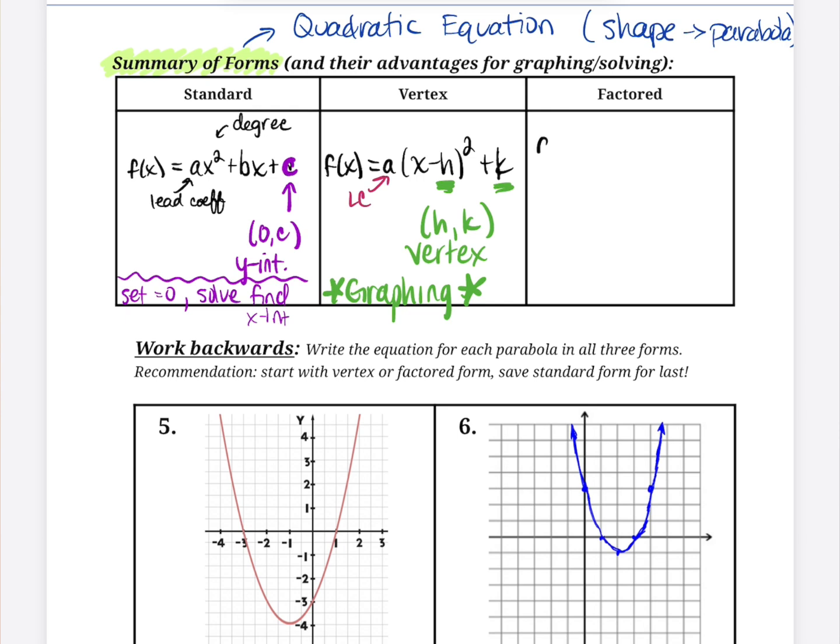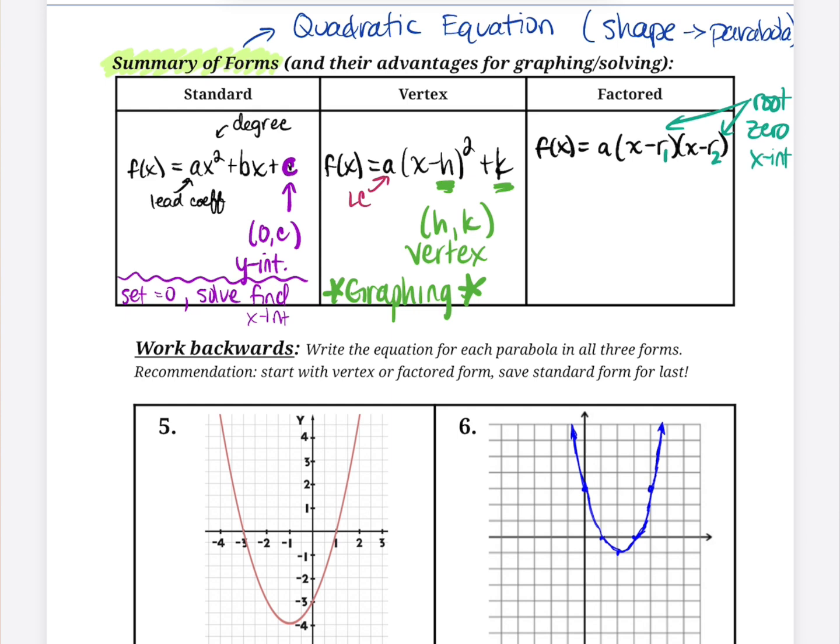All right, and then factored form. Man, solving is a breeze when you're in factored form. R stands for root, as in zero, as in x-intercept. All those things are synonyms. R could be the same number, or different numbers.